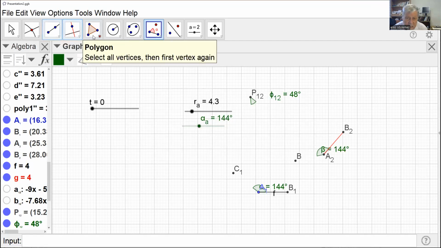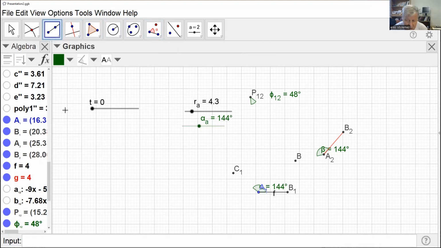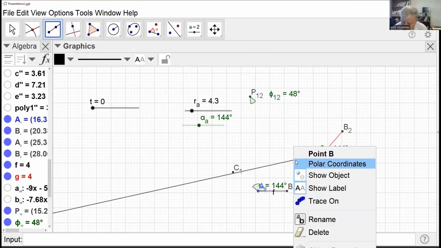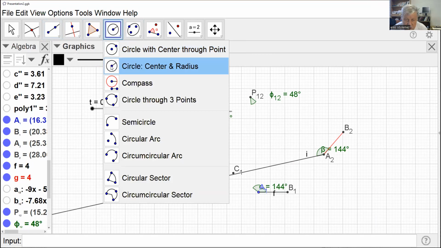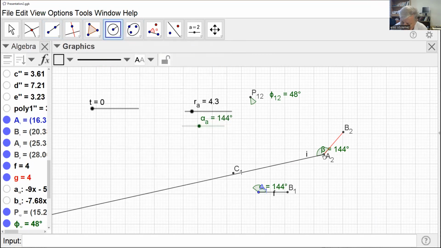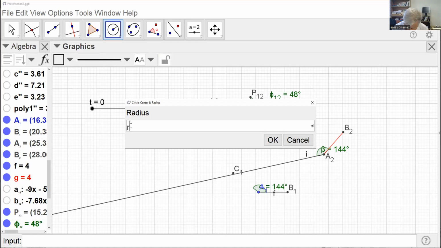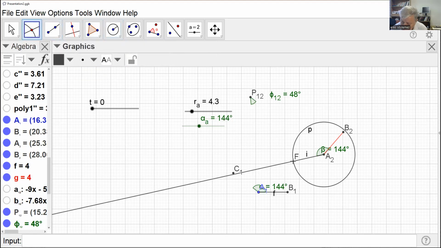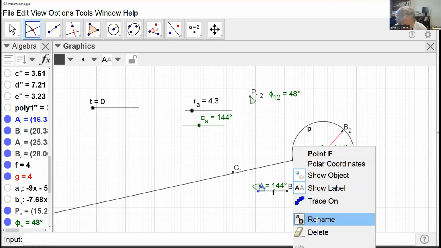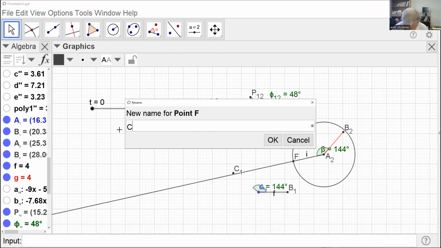And then, sorry, first I have to draw this line, this ray, hide this, draw the circle, because that distance is not going to change. R dash A. C-2.